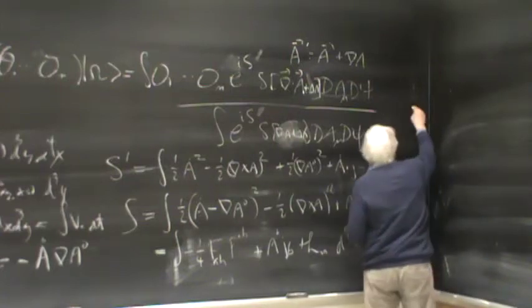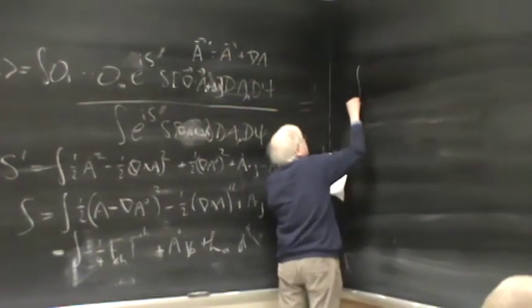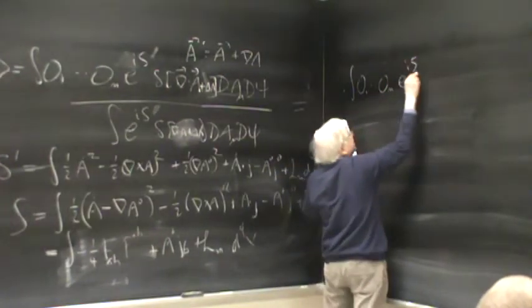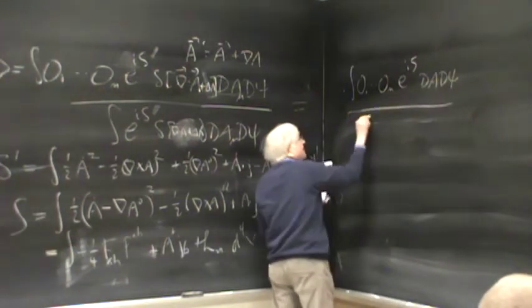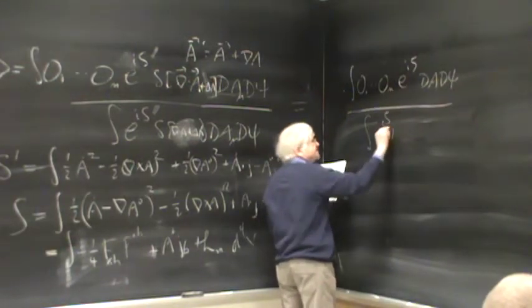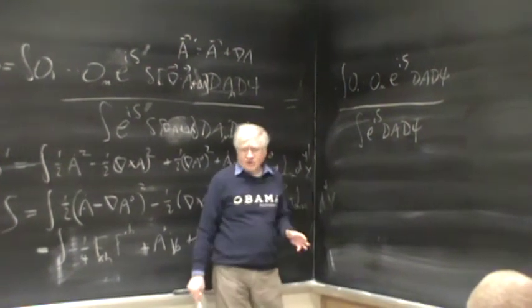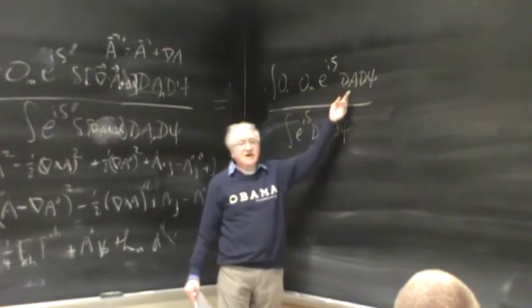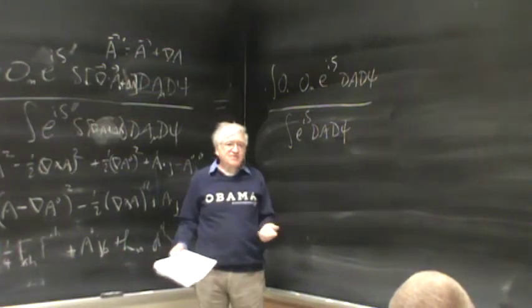And so what we get now is the integral of O1 to On e to the iS dA d psi divided by the integral of e to the iS dA d psi. So now we're integrating over all gauge fields, all matter fields, and since we're integrating over all gauge fields, we're effectively also integrating over all gauge transformations.